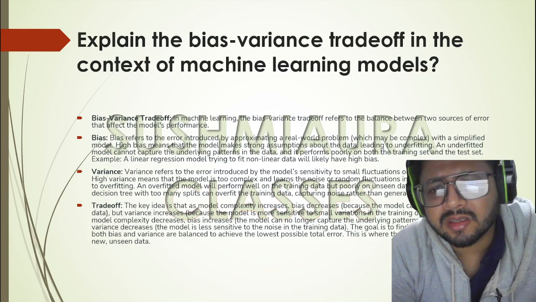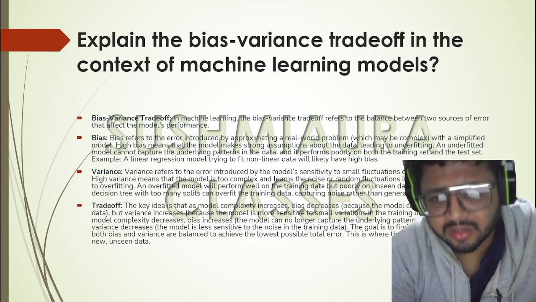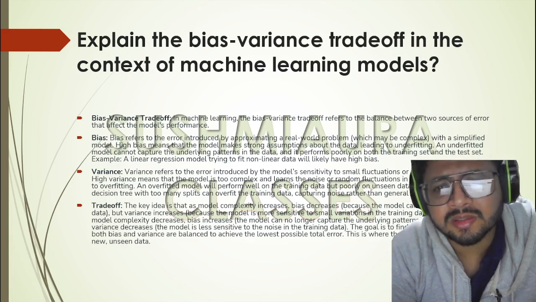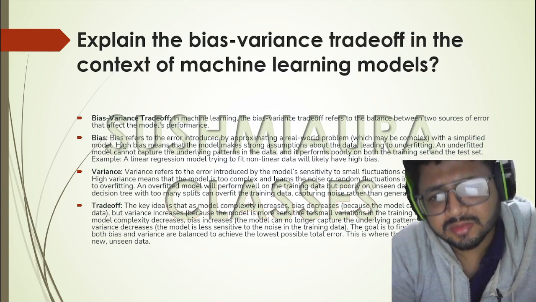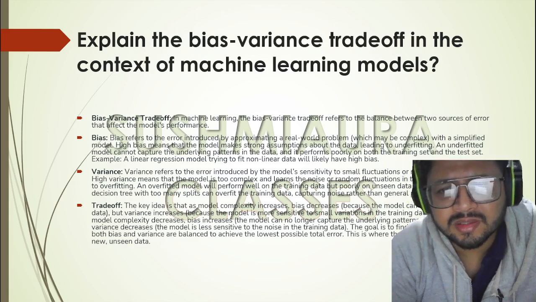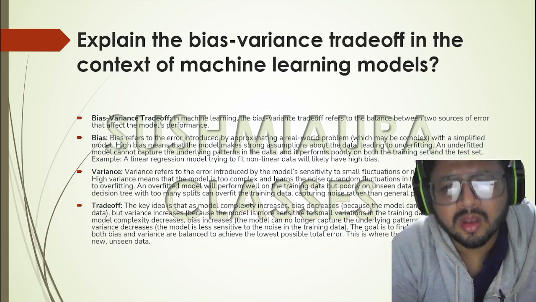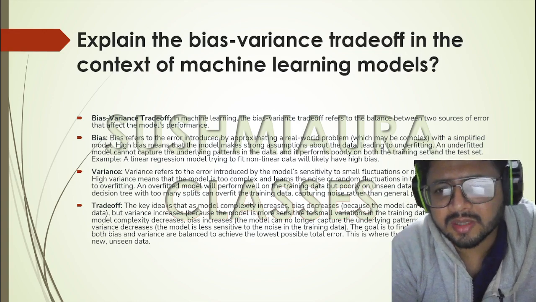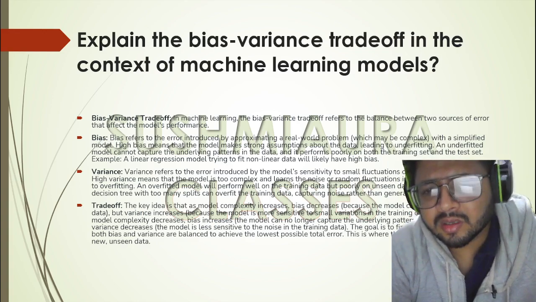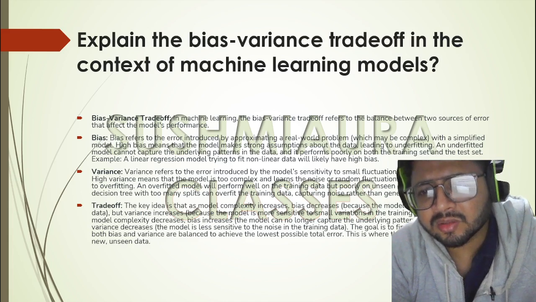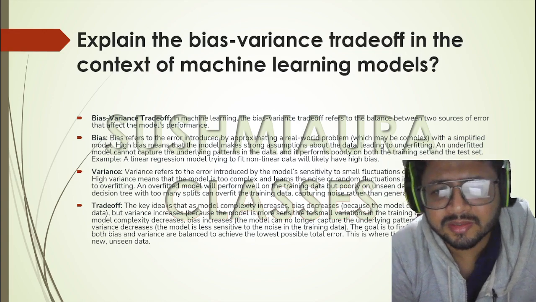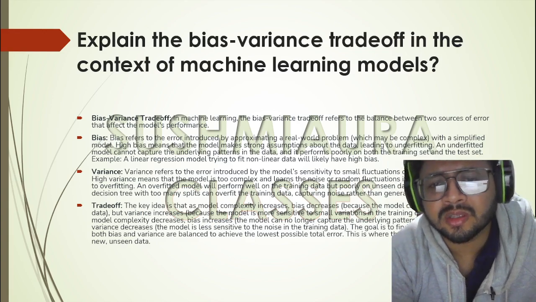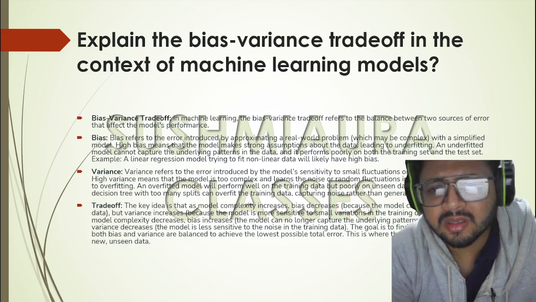The key idea is that as the model complexity increases, the bias decreases and the variance increases. So if you come to the last slide, the balancing factor or the sweet spot is where both the bias and the variance are balanced to achieve the lowest possible error.